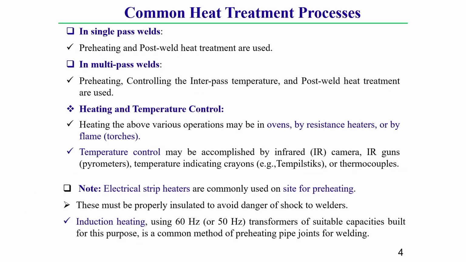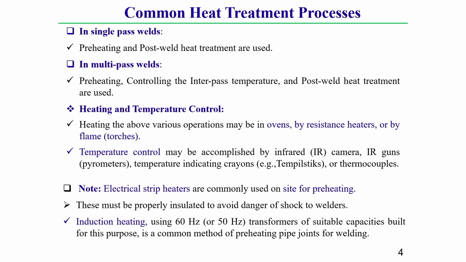Now, I am going to discuss the very important common heat treatment processes which are widely used in the field of welding. This heat treatment is very common in case of low carbon alloy steel, which has a wide application in the manufacturing industry.